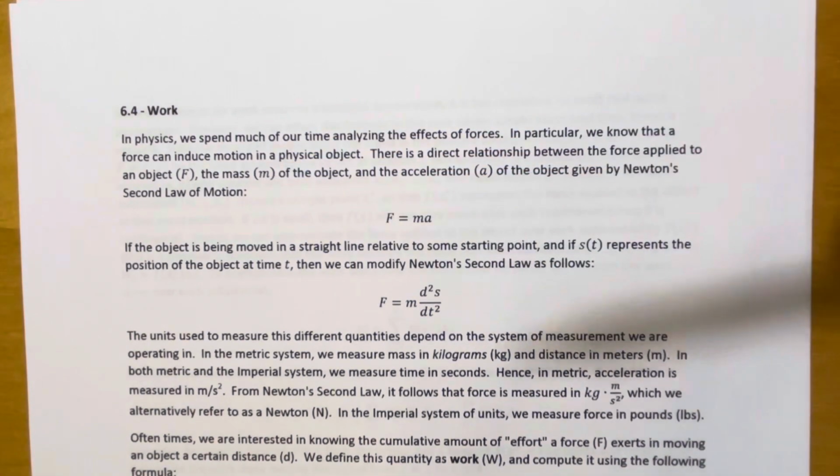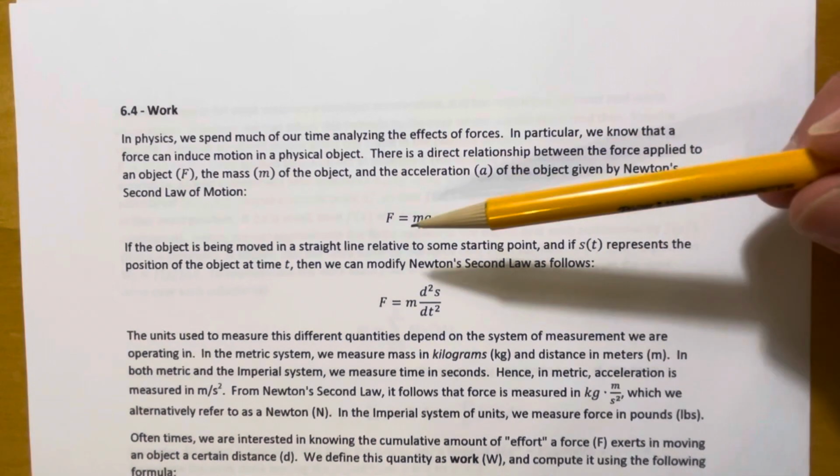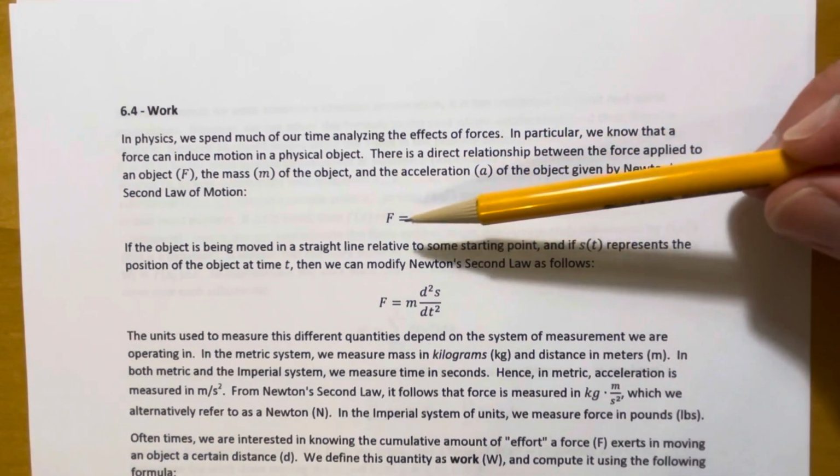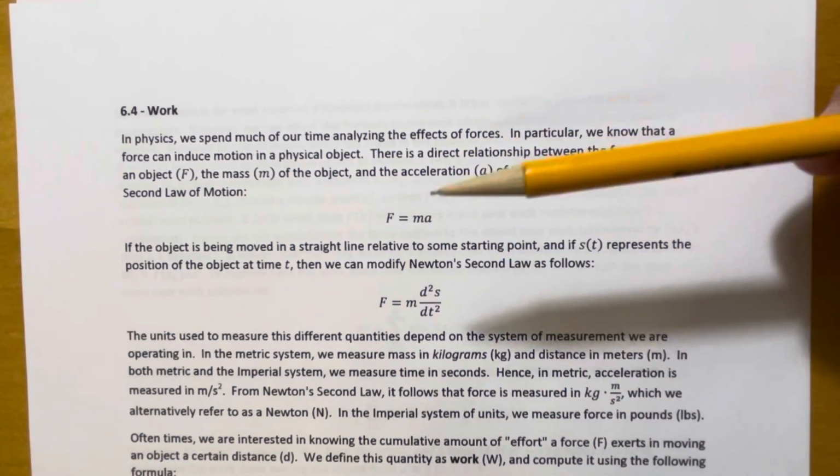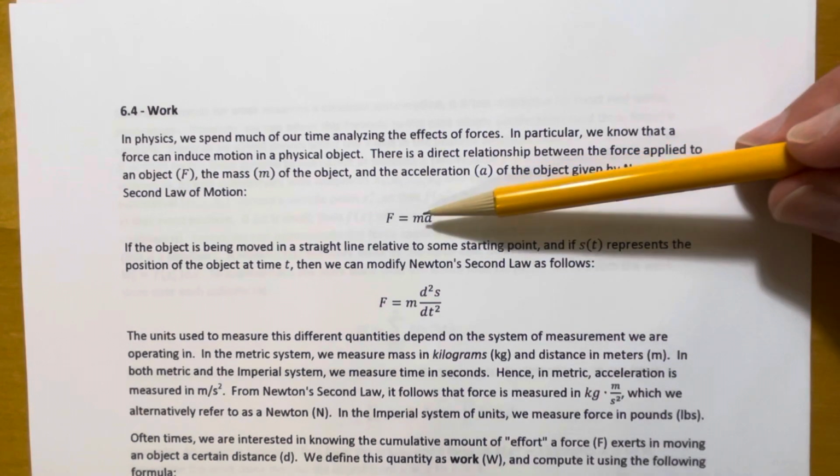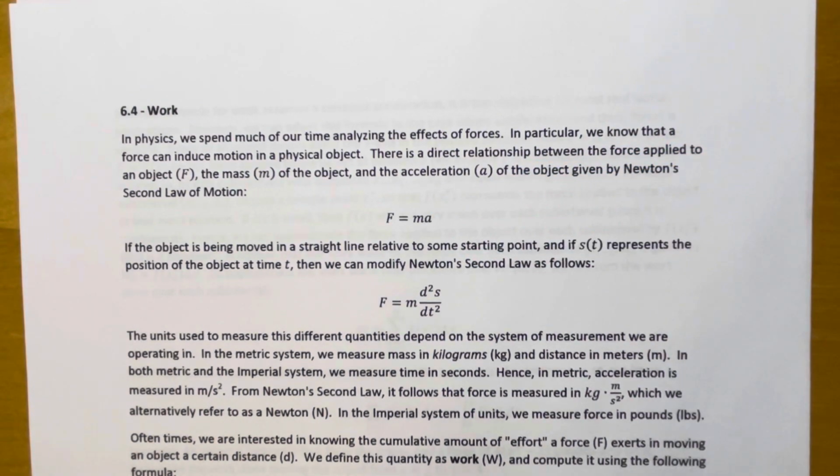We're going to use a lowercase m to denote the mass of an object on which a force is being applied. And then a will represent the acceleration of that object that the force is inducing. Newton's second law of motion says that F equals ma, or in other words, the force is equal to the mass of the object times the acceleration of that object.